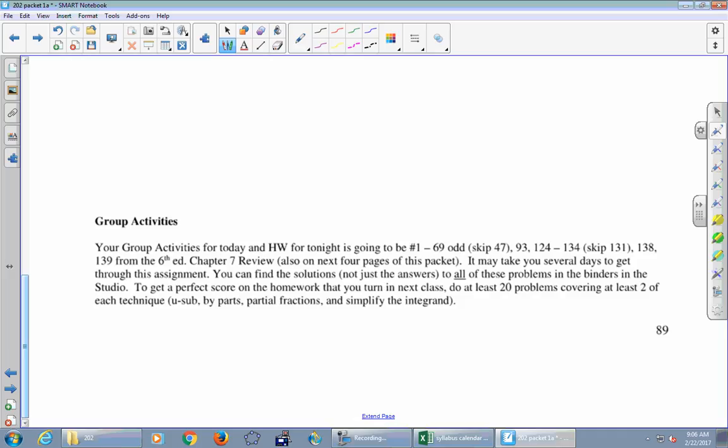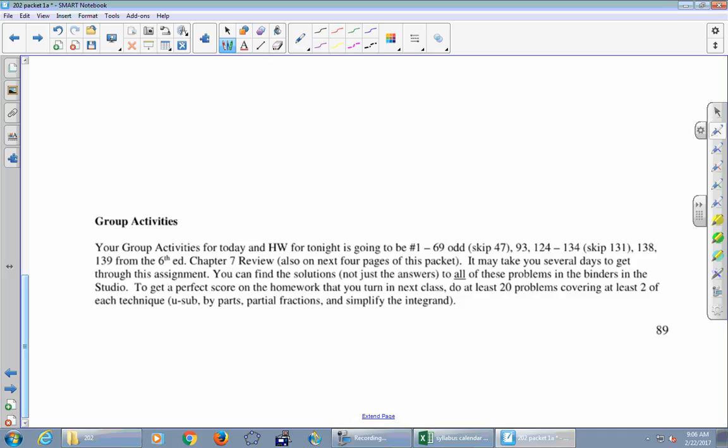As well as 93 and then 124 to 134, but skip 131. Cross off 131. 138 and 139. These are from the 6th edition, Chapter 7 review problems, which is why they're all mixed together. Regardless of what edition of the textbook you own, do these problems here. The 6th edition ones, which are photocopied there on the next few pages of this packet, all right?